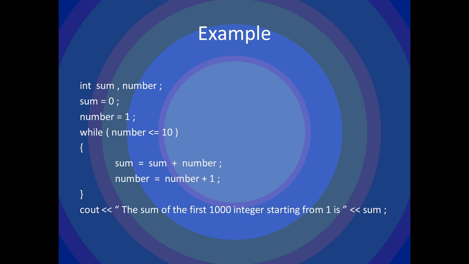And when the test condition becomes false, the control wouldn't enter the body of the loop, rather it would go to the next statement after the body of the loop. So the next statement after the body of the loop is the cout statement.